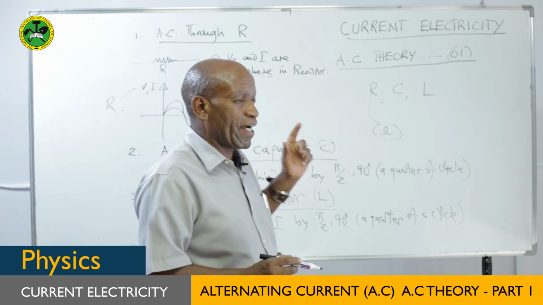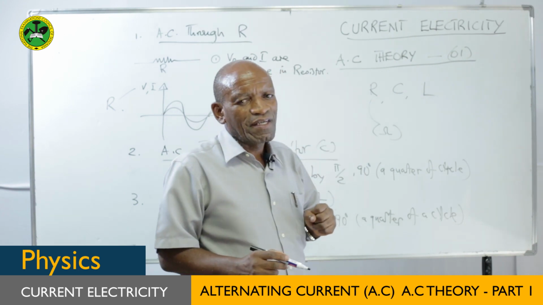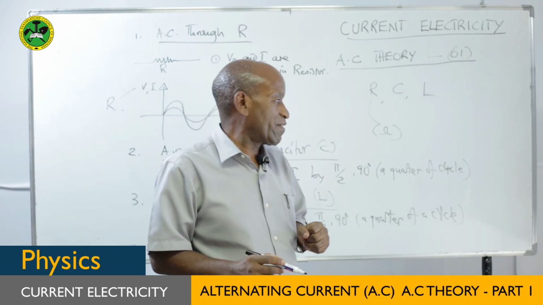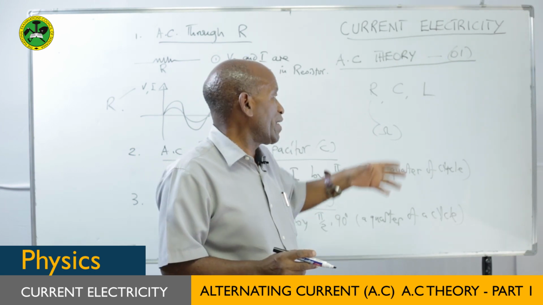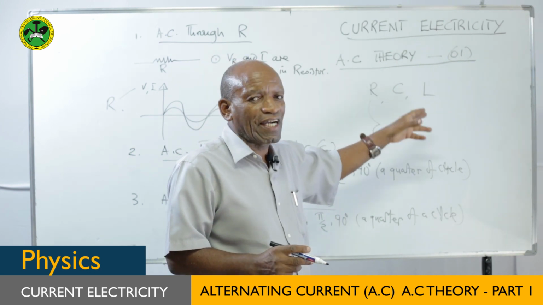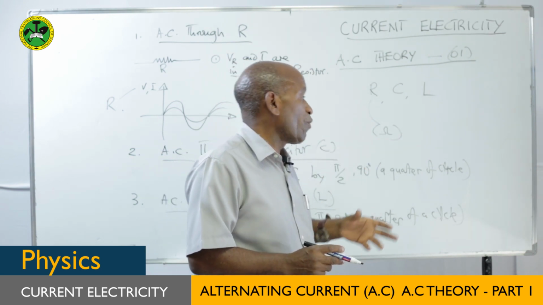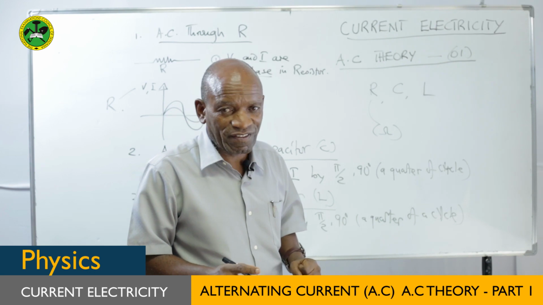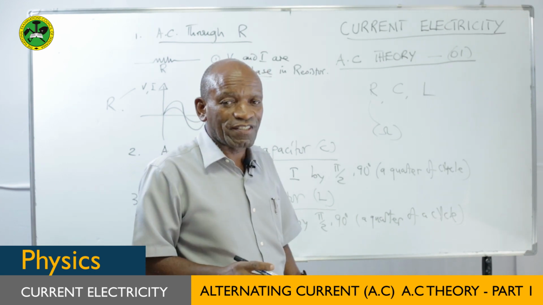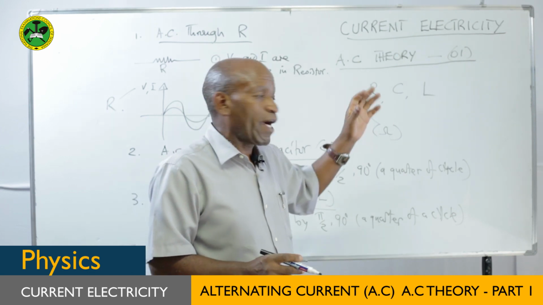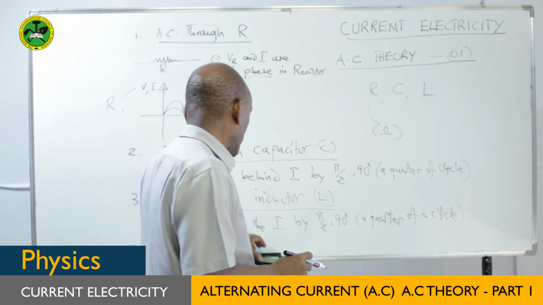But for a capacitor or an inductor, such an oppositional force, whenever an alternating current is made to cross through it, we are not calling a resistance. We are calling it a reactance. In that case, we have what we call capacitive reactance and inductive reactance.